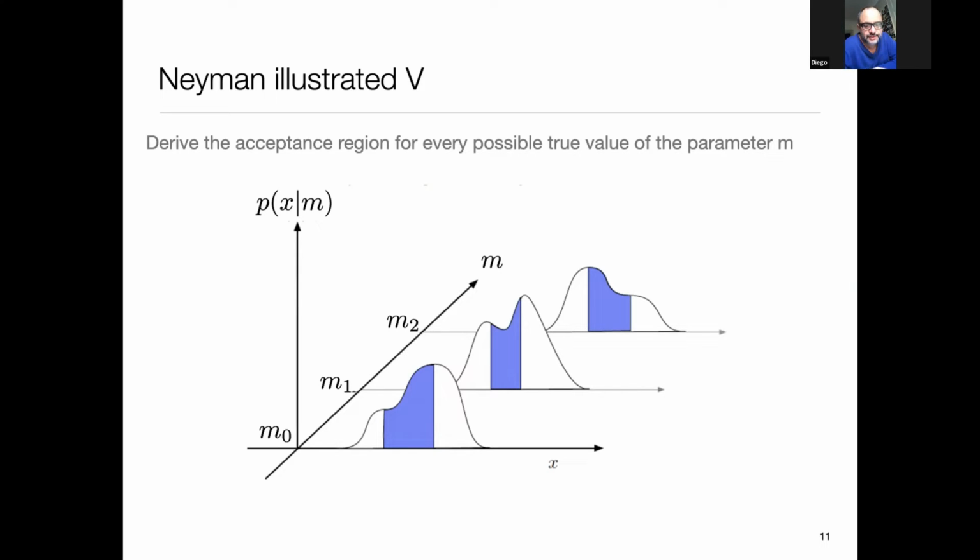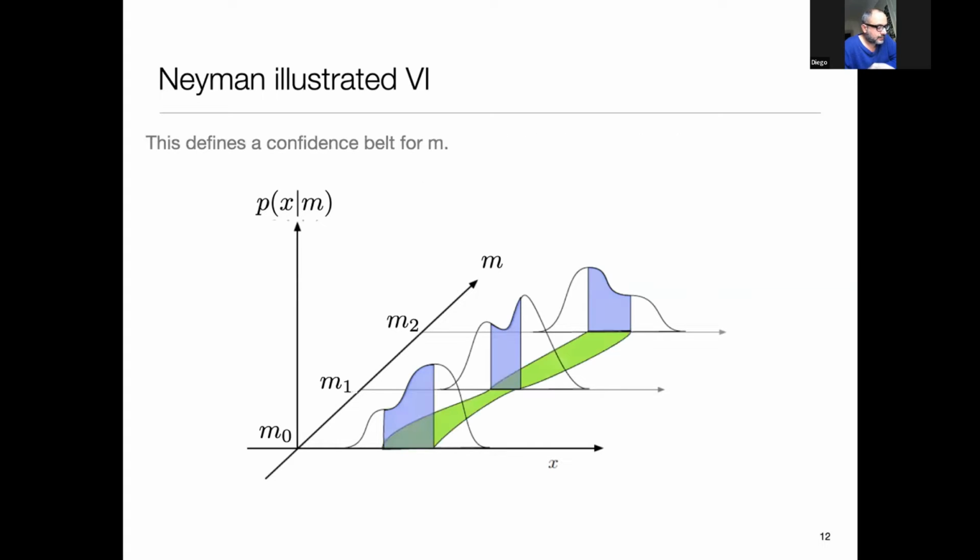I mean, this is of course a sketch. You have to imagine that you have this for every possible m value. And therefore, you can define in this space of x and m the region, the green region here, that connects all the x ranges corresponding to the desired confidence band.